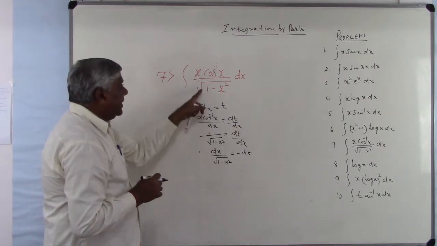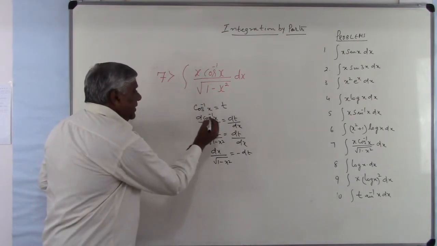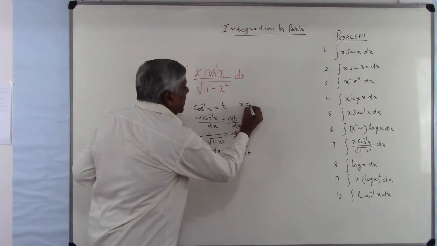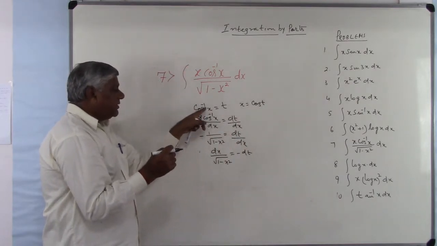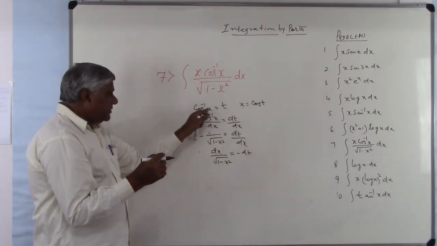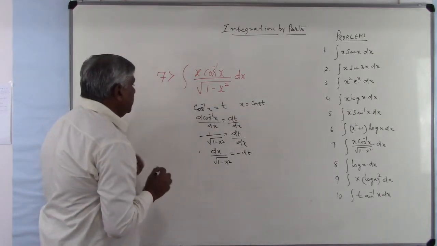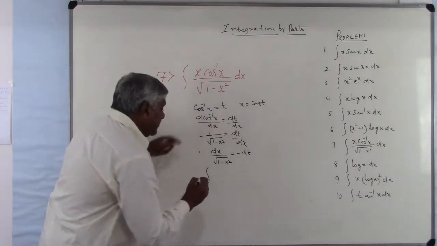Now what happens here? You can see when cos inverse x is equal to t, x will be equal to cos t. Will you agree? When cos inverse x is equal to t, x will become cos t. Therefore the real problem becomes like this. x is equal to what here? It is cos t.